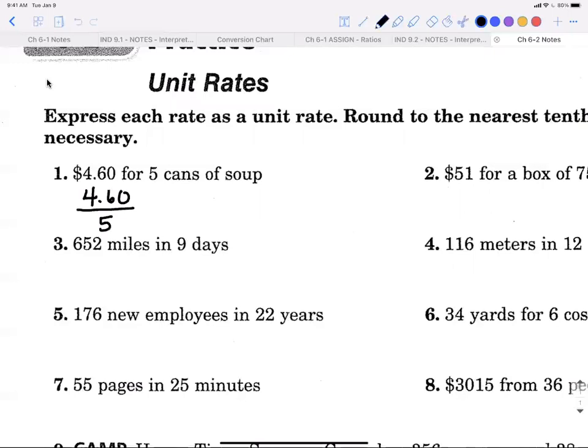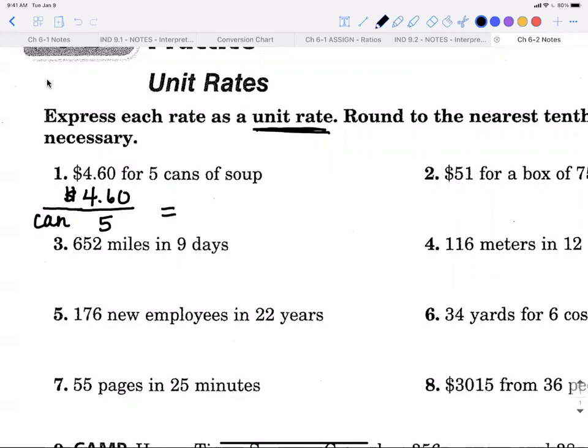What I want to know here is how much it costs per unit. This is what unit rate means. So that means for 1 can. And if you'll notice, on the top I have money and on the bottom I have cans, right? So it's $4.60 per can. It's money on top, cans on bottom. And what I want to know here is how much it is going to cost for 1 can.